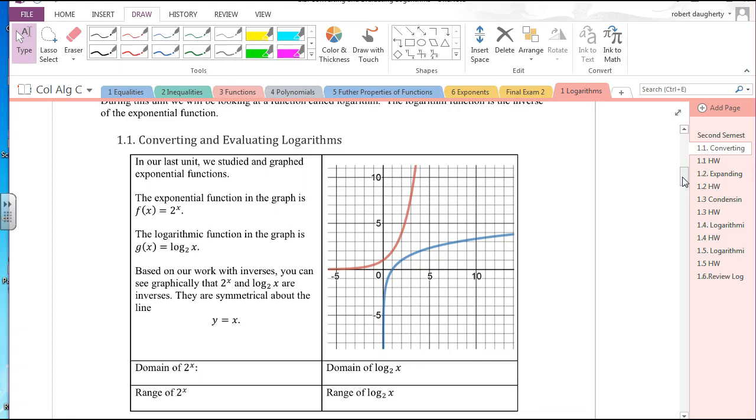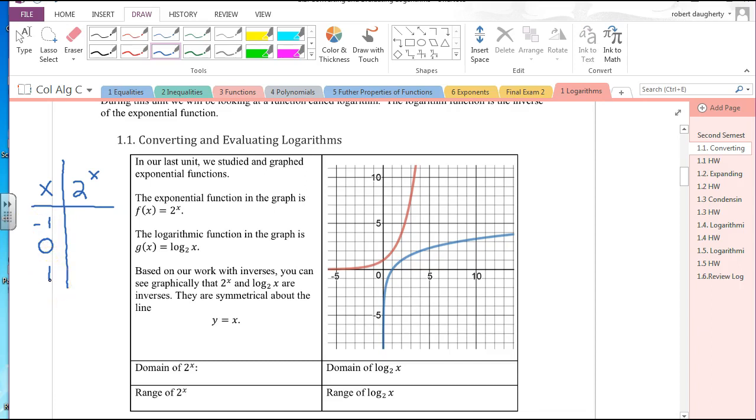I've got two functions graphed here, 2 to the x and the log base 2 of x. How did we graph 2 to the x? We picked how many points? How about 3 points? We picked 0, and we picked the numbers on either side of that.